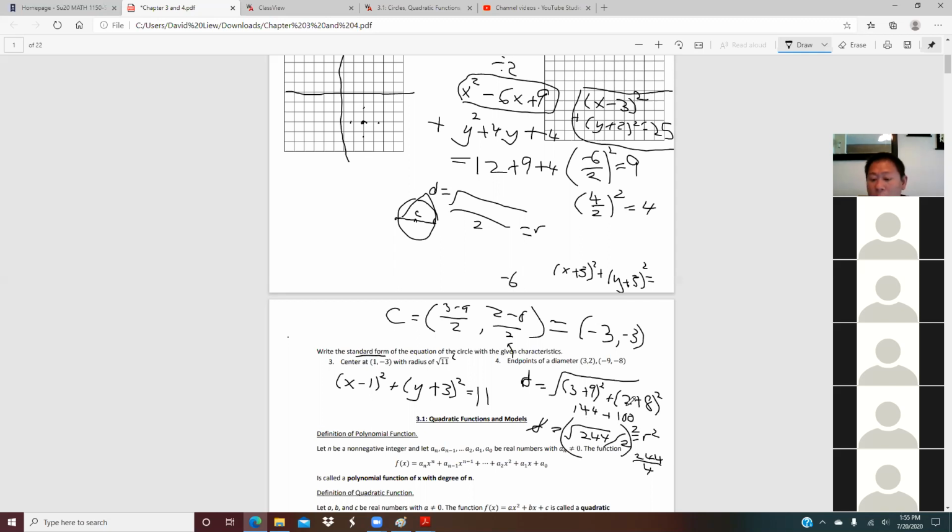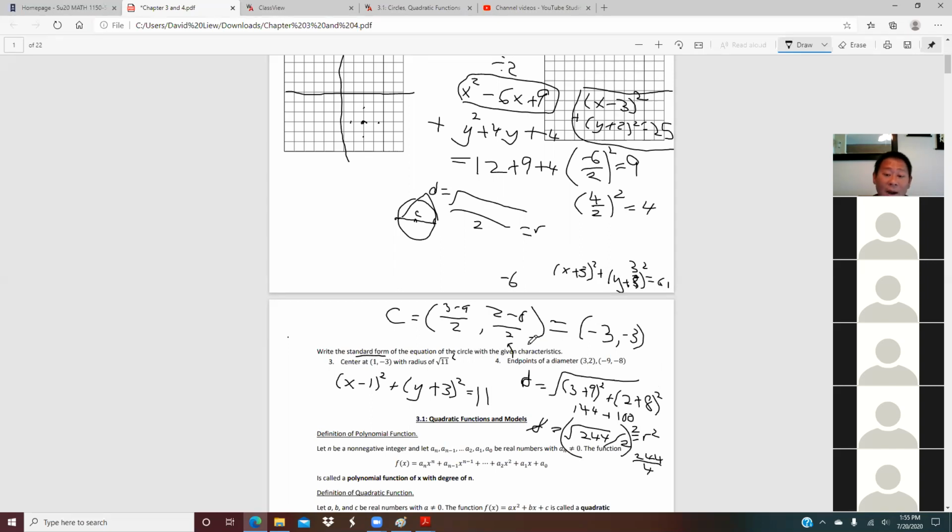What's 61? So you get 61 here. So this is your equation of the circle in this case: x plus 3 squared, y plus 3 squared, these are all 3, equals 61. And how I get 61 is 244 divided by 4 is 61. This is the equation of the circle if I give you the diameter.